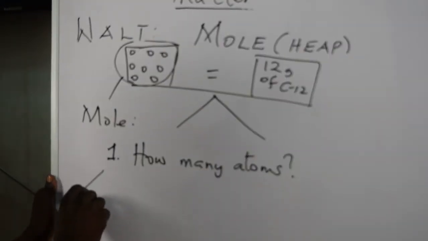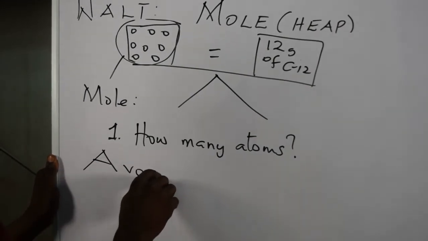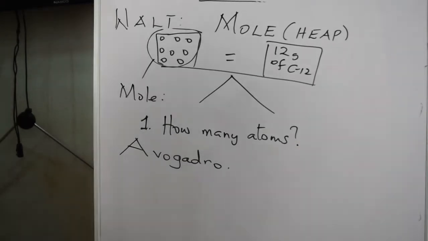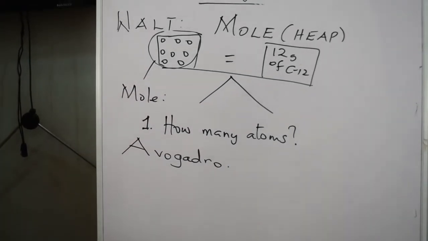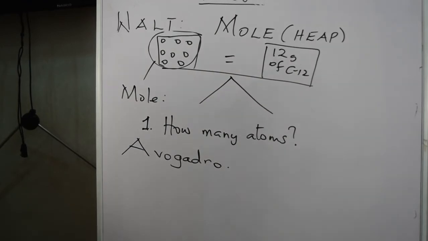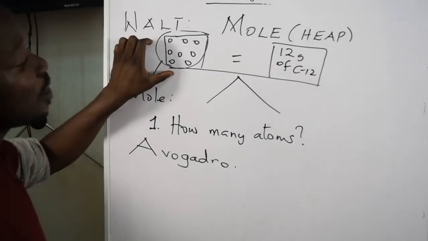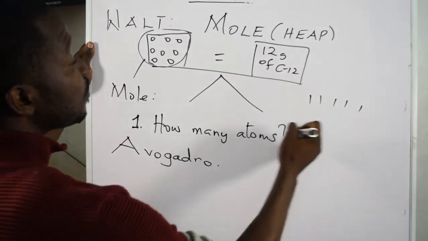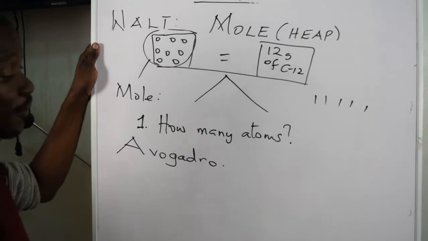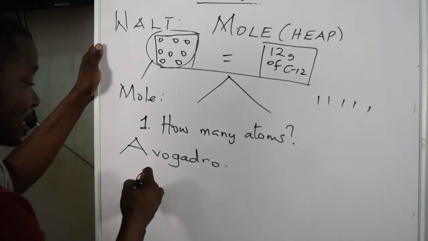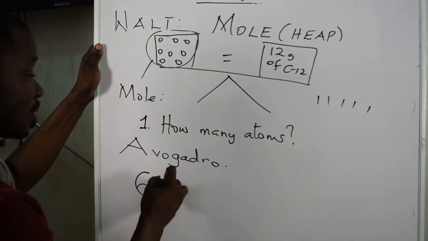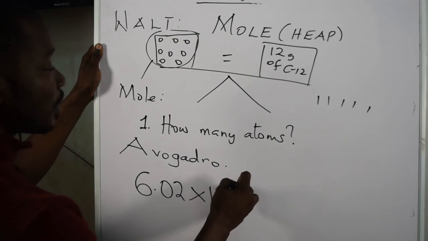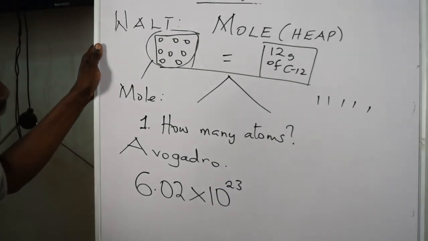That is the answer that this gentleman called Avogadro came to give. All that he did was to pick what we call the mole and start counting 1, 2, 3, 4, 5 to know the number of atoms that were placed here. And when he did that, he had this constant, 6.02 times 10 exponent 23 atoms.